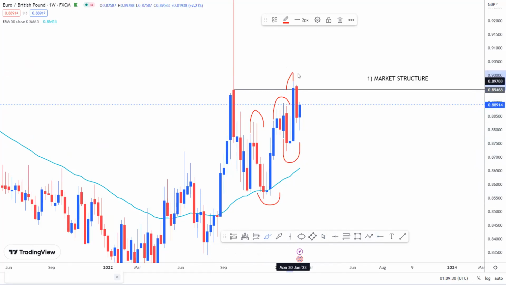Price has clearly made a higher high, breaking above the previous high, closing above the previous weekly levels, and now this confirms that we're very bullish from the weekly time frame perspective.